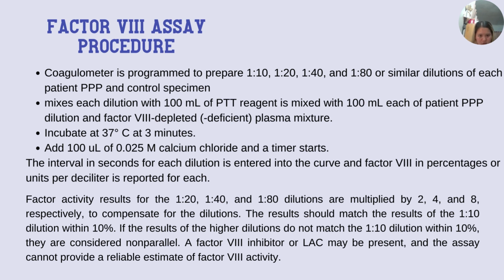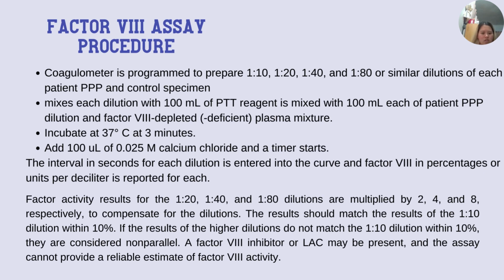Incubate at 37 degrees Celsius for 3 minutes. Add 100 µL of 0.025 M calcium chloride and time starts. The interval in seconds for each dilution is entered into the curve, and factor 8 in percentage or units per deciliter is reported for each.